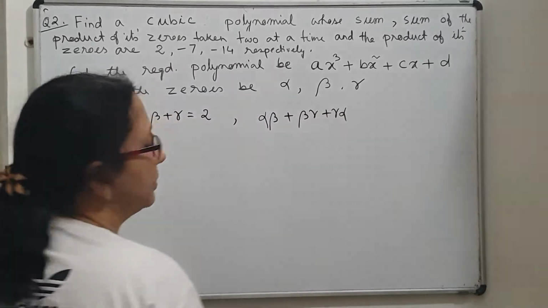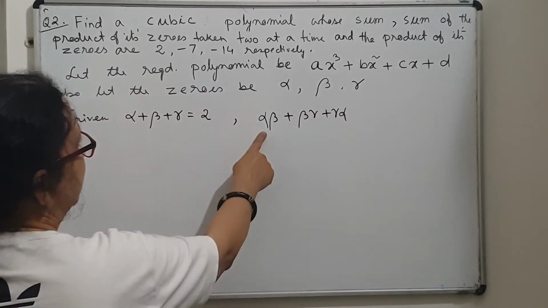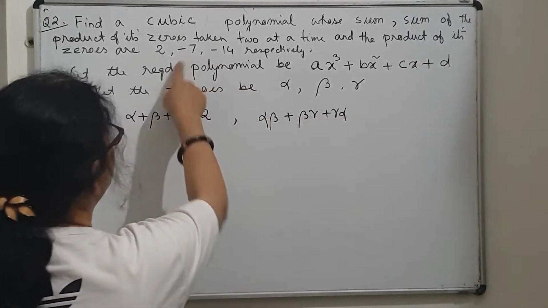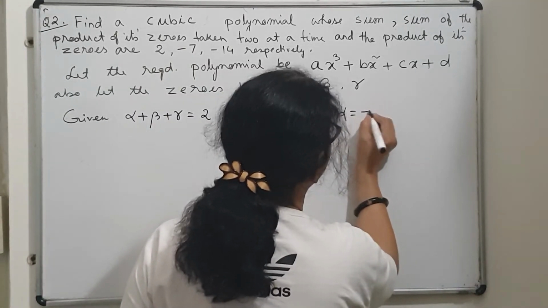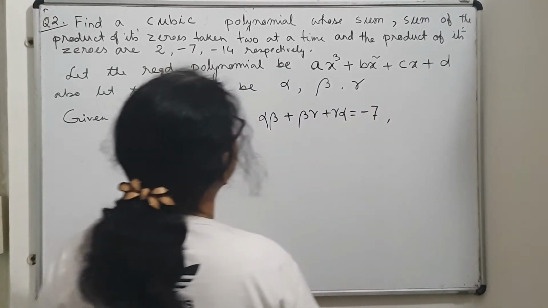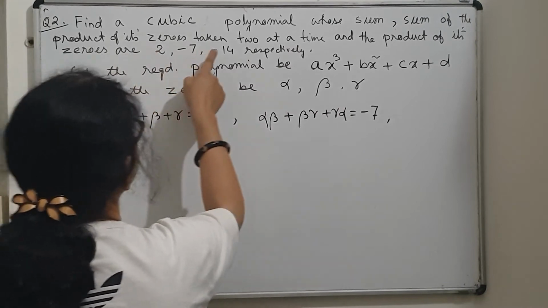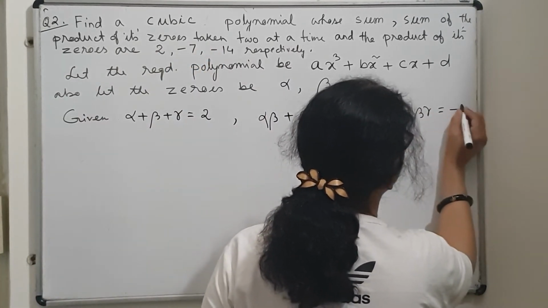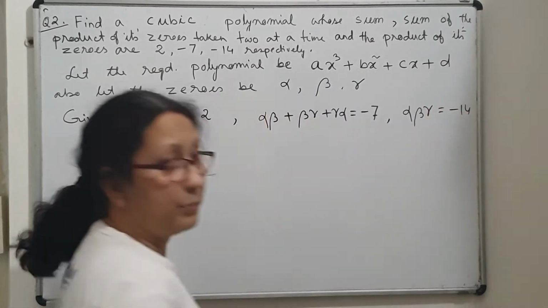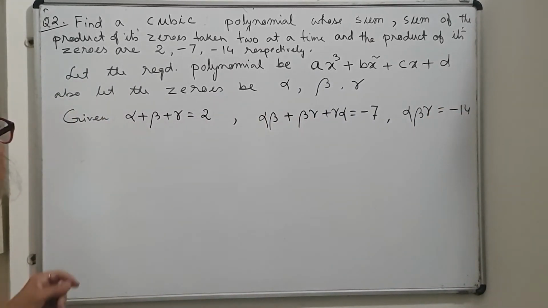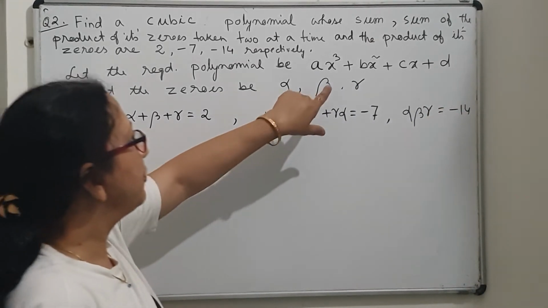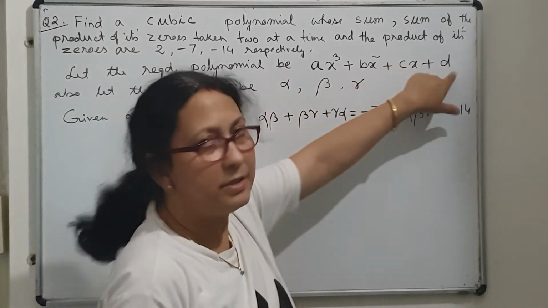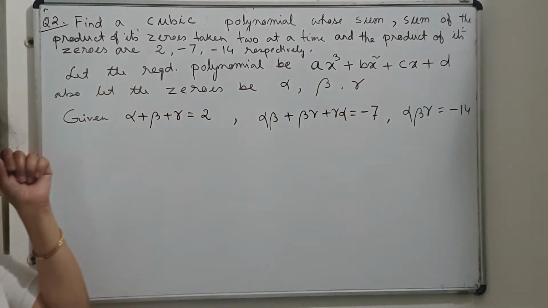That is the sum of the product of the zeros taken two at a time. That is given to be -7. And lastly, product of the zeros is -14. These are given to you. And so what you have to find? You have to find the values of A, B, C, D. Then we will be knowing the required polynomial.